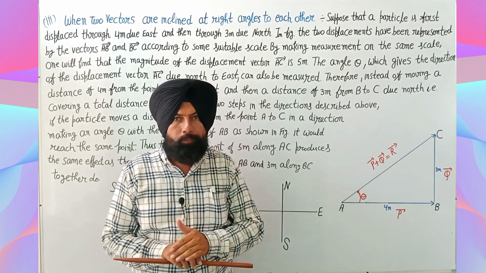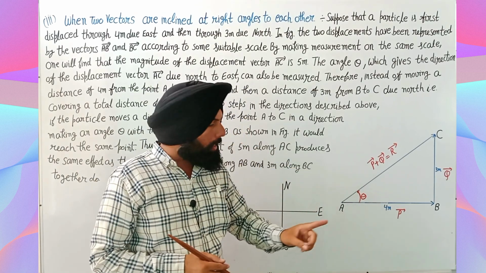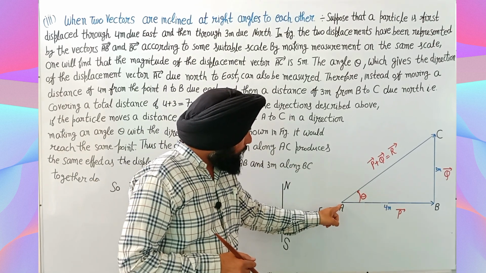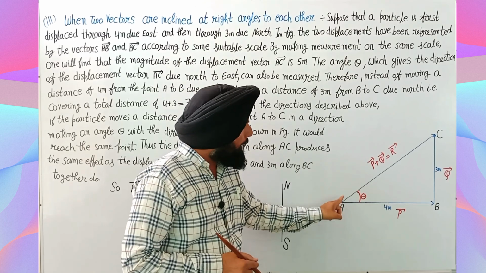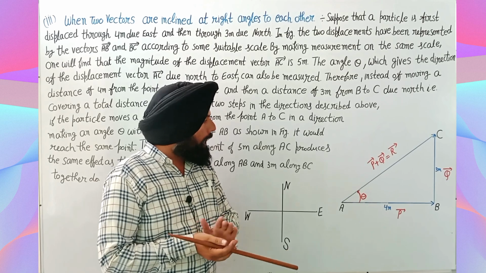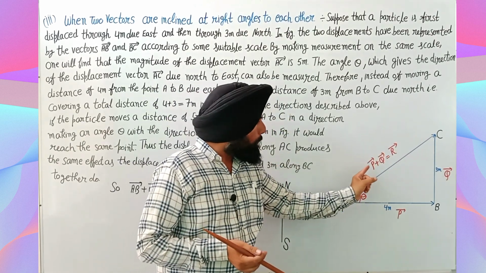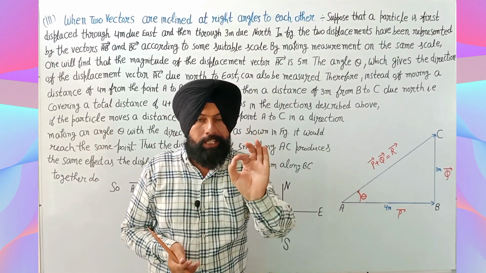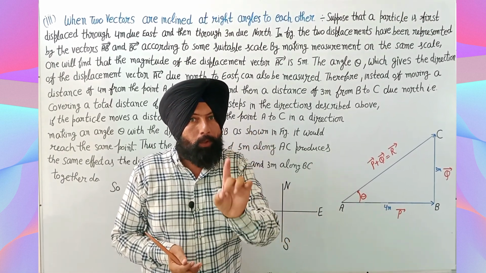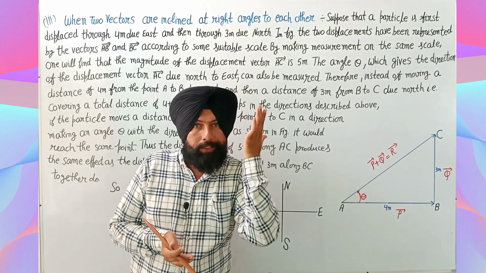We have assumed, and when you put the same scale on the point A to C, you will find that from A to C is 5 centimeter, means 5 meter, because we have assumed 1 centimeter equal to 1 meter.